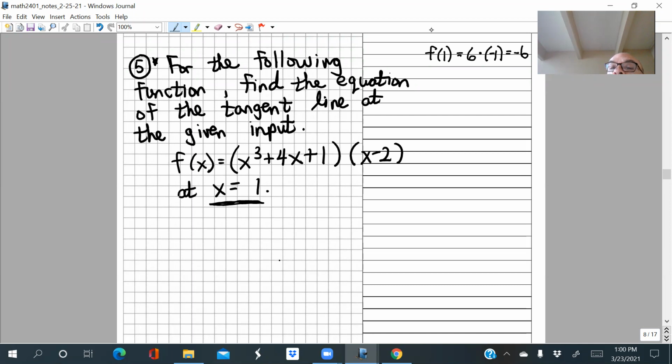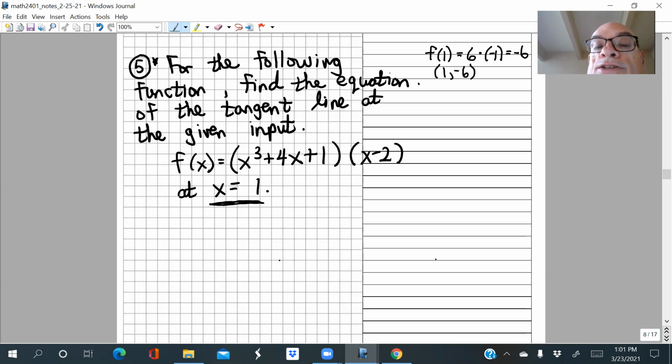So that means the point on this curve, when x is equal to 1, if I can get my pen to write, maybe it will write down here, that point on the curve is 1 and negative 6.